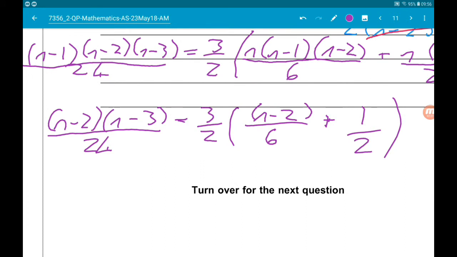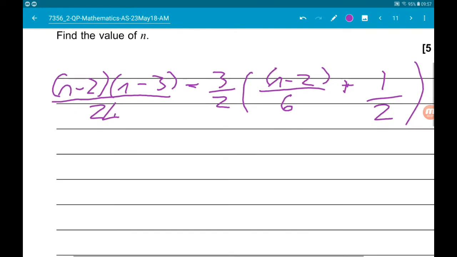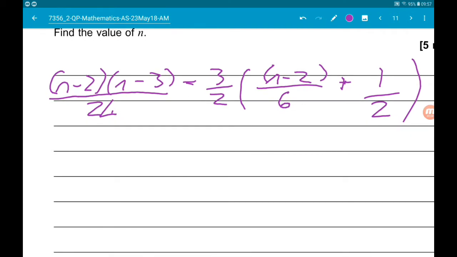I'm going to clear things up. Okay, next up then, let's start sorting out these numbers. So, if I multiply through by 24, I'm going to get n minus 2 times n minus 3 is equal to, now 24 times 3 halves is 72 divided by 2, 36.